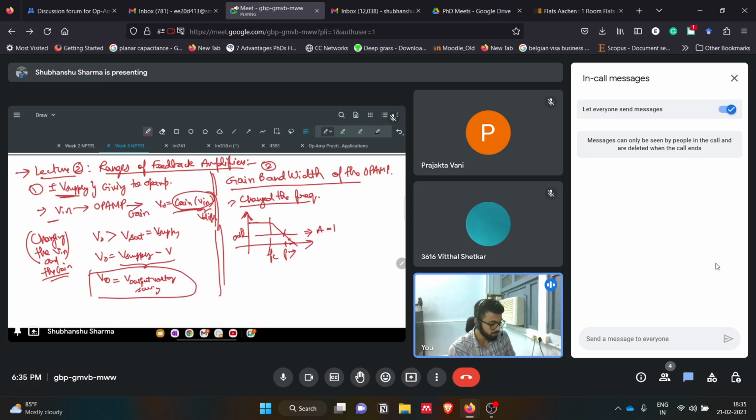So although we were giving, let's say, 1 volt and our gain was equal to 2, we wanted to achieve 2 volts, and the supply voltage was, let's say, 5 volts.